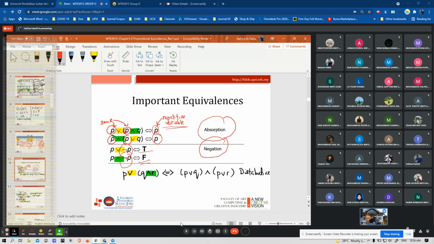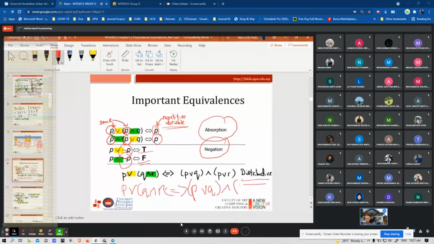And then this one is equivalent because this one is the distributive law. P or (Q and R) is equivalent to (P or Q) and (P or R).